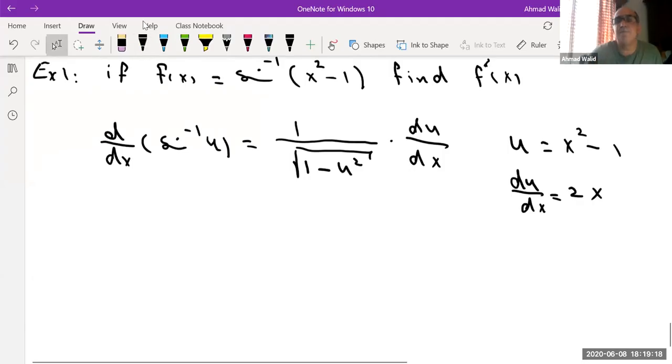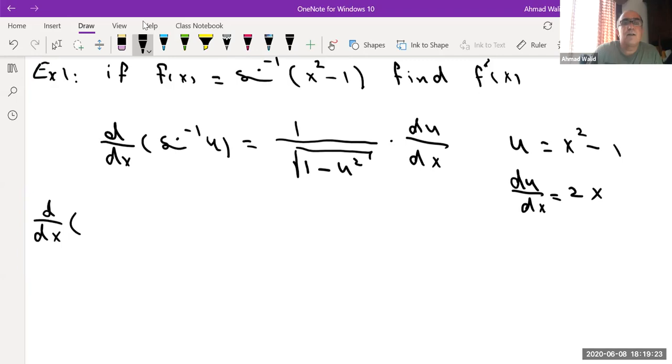Let's plug in. Then d/dx of the actual problem, which was sine inverse of x squared minus 1, equals 1 over the square root of 1 minus u squared.